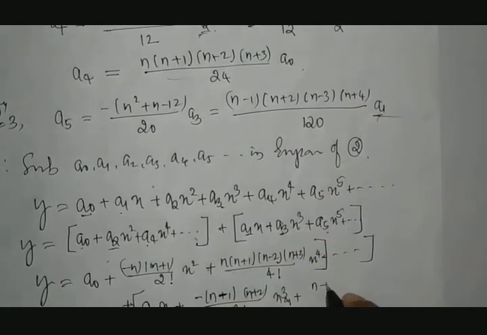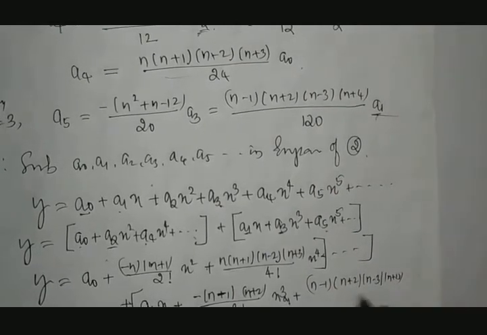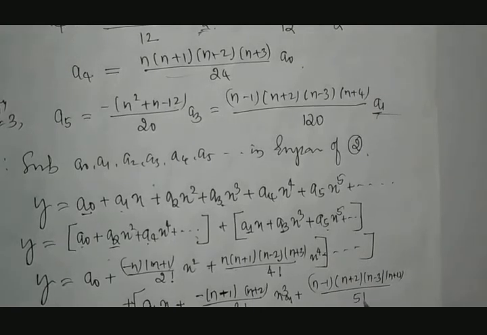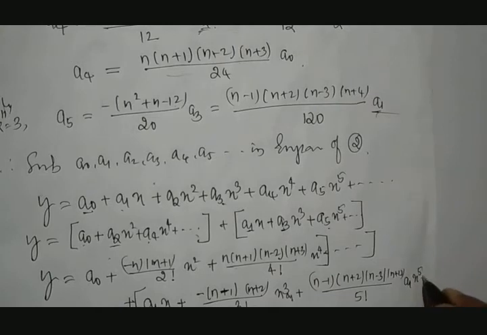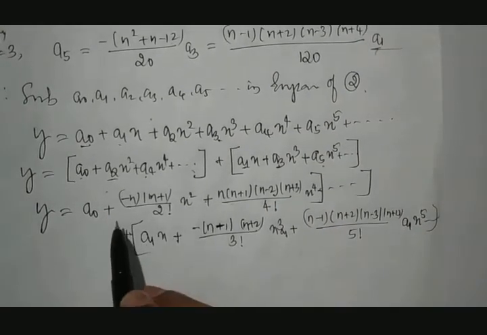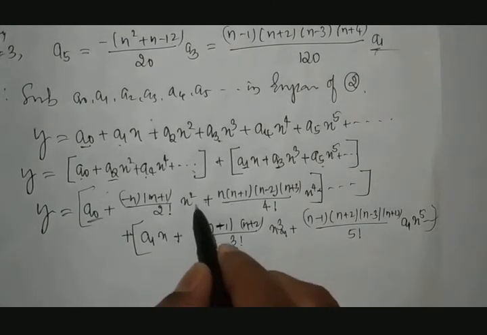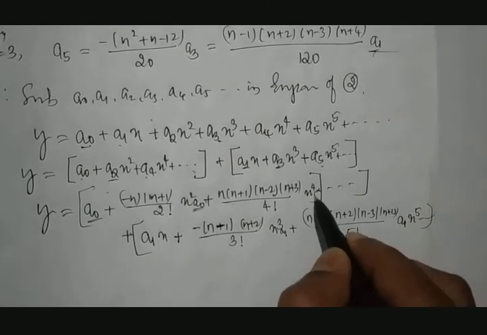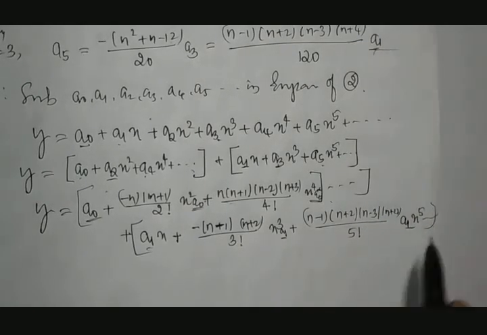So that is n minus 1, n plus 2, n minus 3, n plus 4 divided by 120, that is 5 factorial into A1 x raised to 5 and so on. But out of this we can see the terms either converted into all A0, fine, or converted into A1.